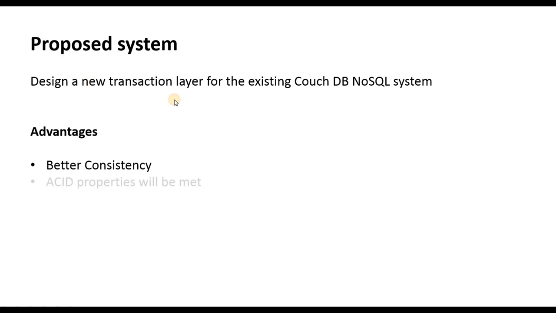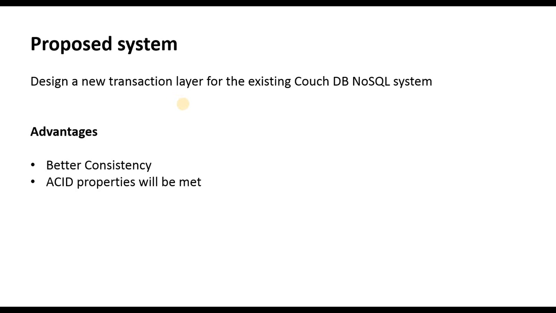Okay, so the advantage of this is obviously that consistency will be provided, because if there are 10 queries in a transaction, and if any query fails in between, we are going to roll back all the queries that got executed till now. So that will not result in inconsistency of the data stored in NoSQL. Okay, so we will have better consistency.